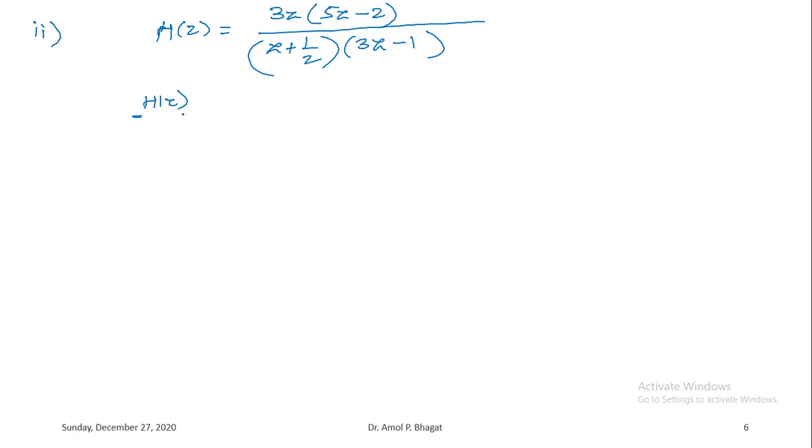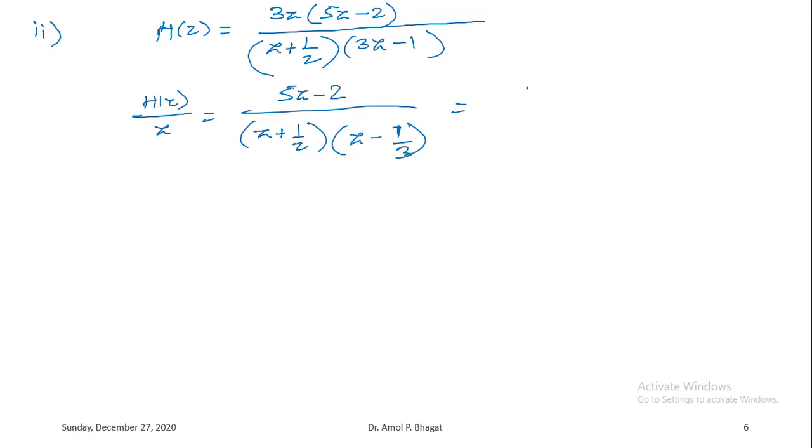So you will get H of z upon z, and if you are taking the 3 common from the bracket, the 3 will get cancelled, right? So the remaining term is 5z minus 2 upon, in the first bracket, z plus 1 by 2, and in the second bracket z minus 1 by 3, because 3 was taken common from the second bracket.